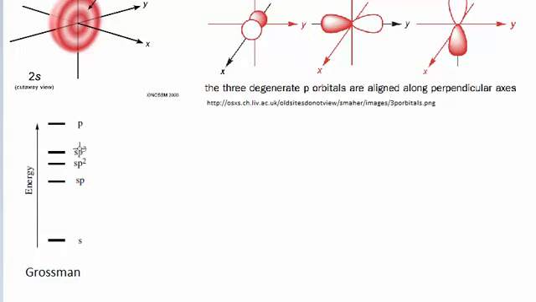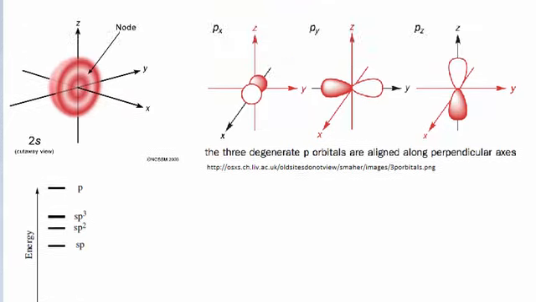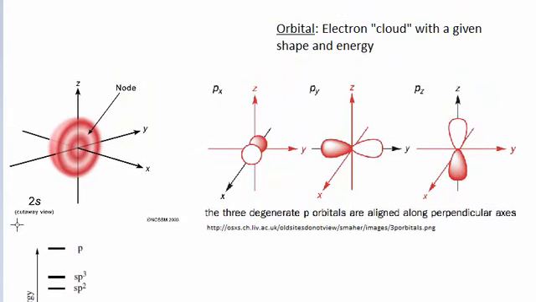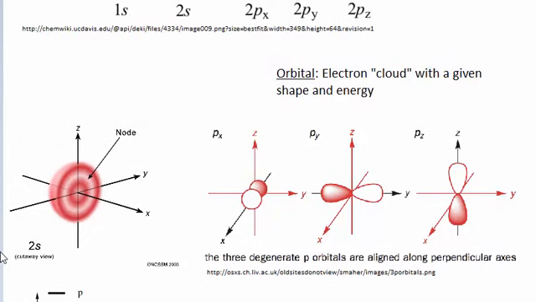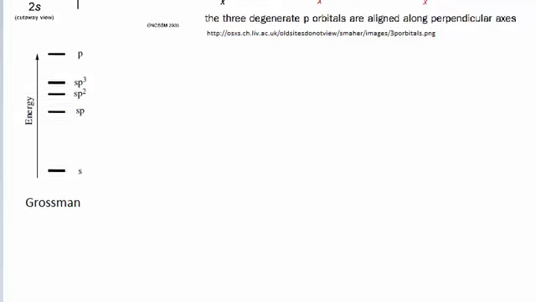These guys in the middle here are what we call hybrid orbitals, and we'll talk about them in a little bit. Moreover, the principal quantum number, which appears before the designation s or p, also plays a role. So a 2s atomic orbital is going to have a lower energy than a 3s atomic orbital, and that's going to have a lower energy than a 4s atomic orbital.